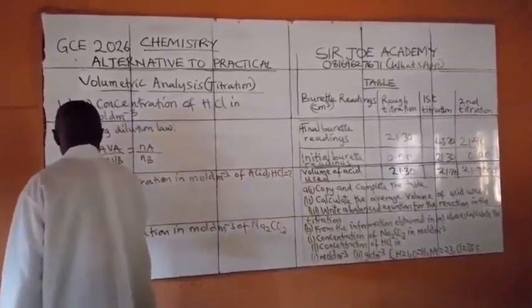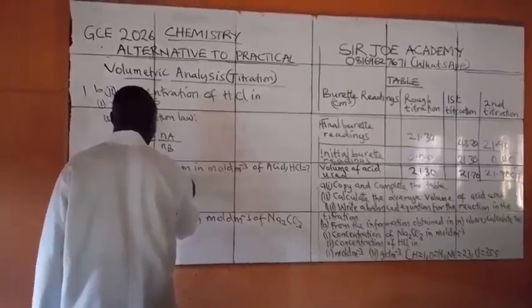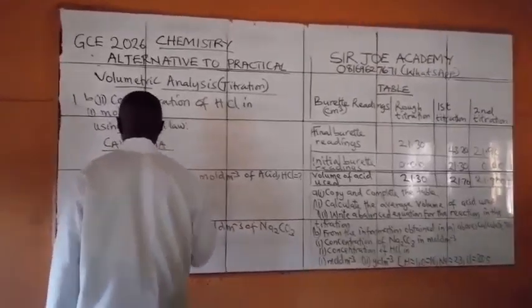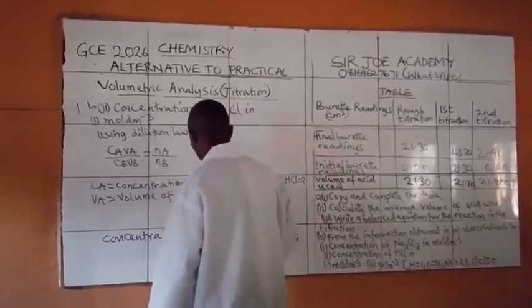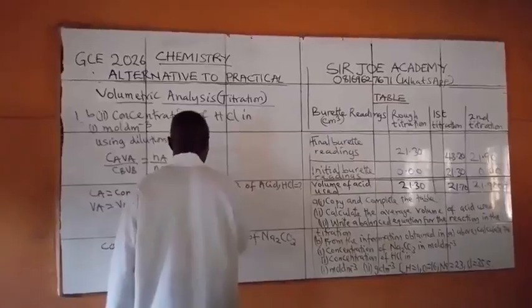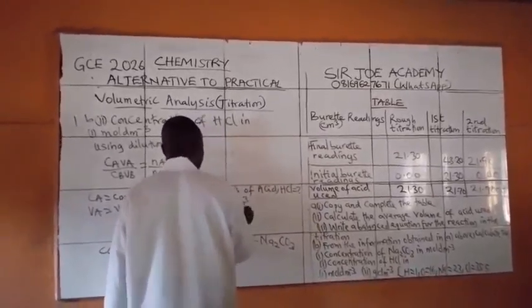Then VA is volume of acid, which is derived from the average volume of acid used, and is equal to 21.80 centimeter cube.